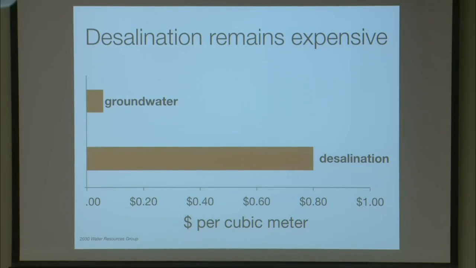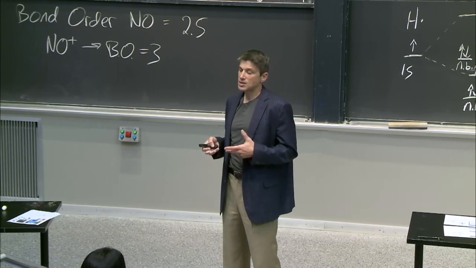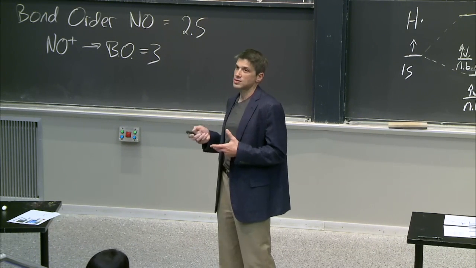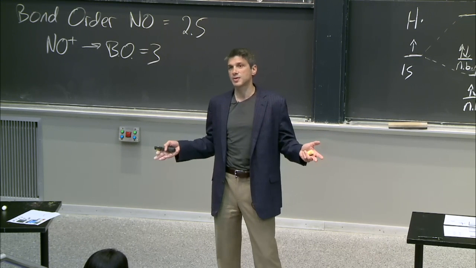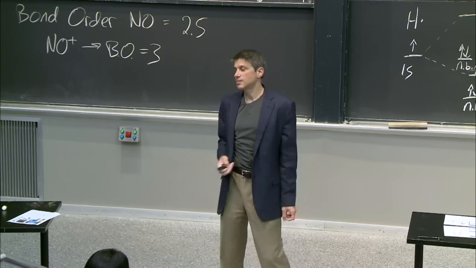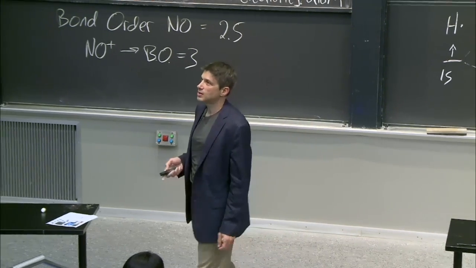But the problem is if you look at the cost of desalination today, as opposed to just digging water out of a well, like the one I just showed you in India, it's over a factor of 10. And in fact, one of the big issues with desalination isn't just the total cost or the operating cost, but the capital cost. How do you build this plant in the first place? It takes too much money.